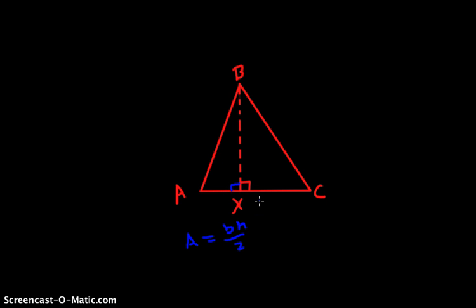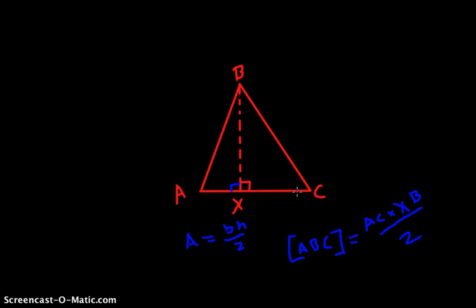So the way you're going to do this, for this triangle, to find the area of all this, the area of ABC is equal to AC, which is the base, see, AC is the base right there, times XB, which is the height, which is what this dotted line is, and it hits the base at a 90-degree angle. So it's perpendicular to the base, over 2. So that's the area of this triangle right here.